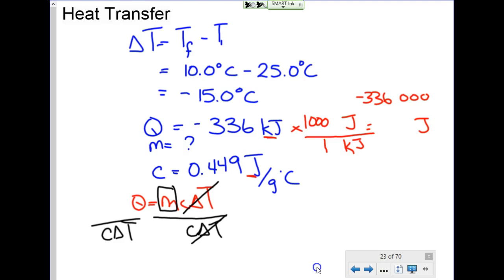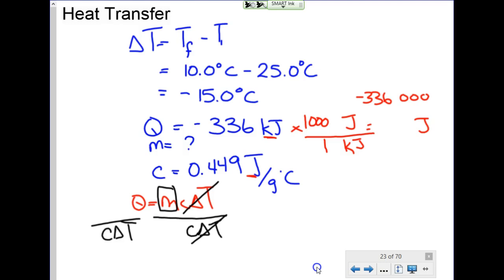I can do it this way. I know that Q equals mcΔT. Q is negative 336,000 joules.